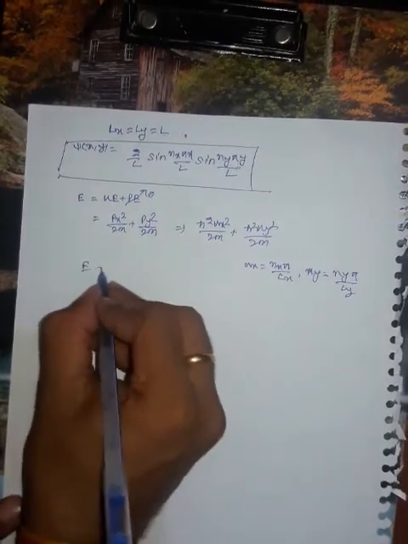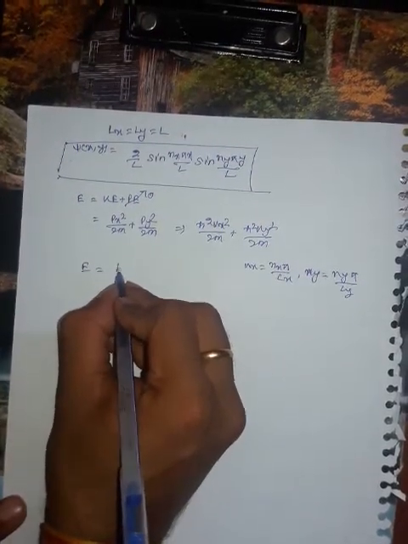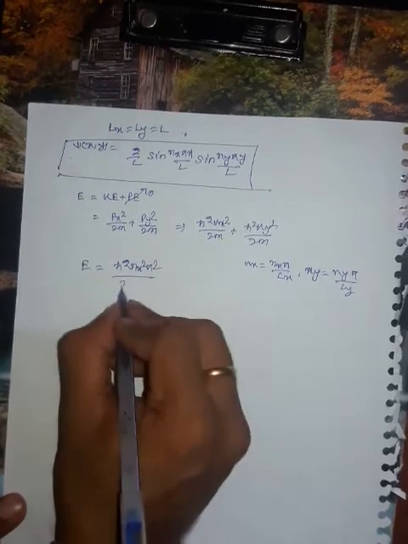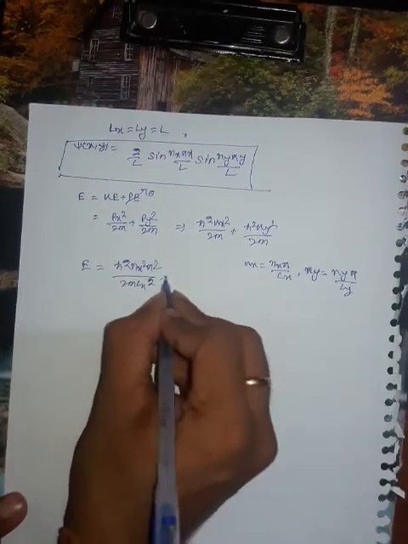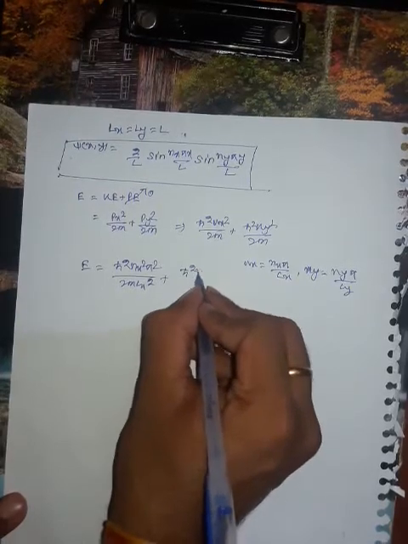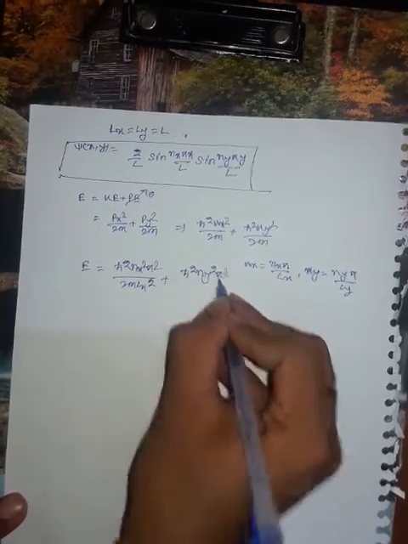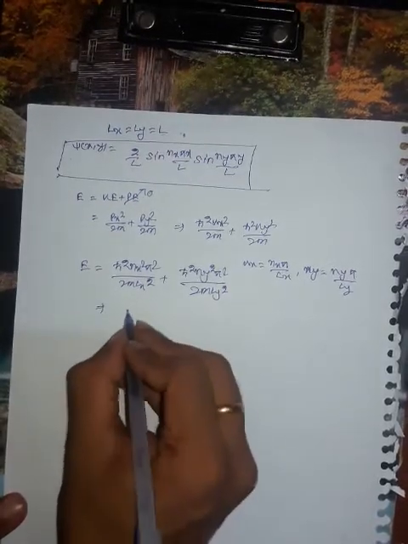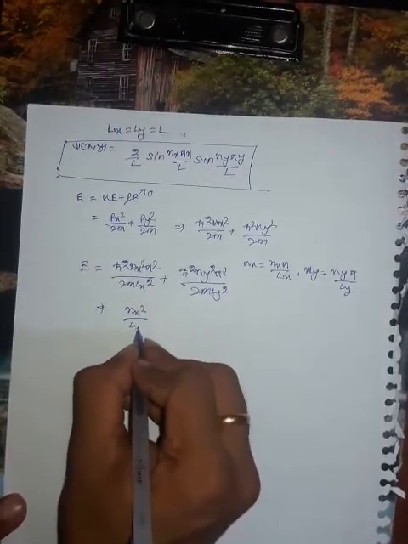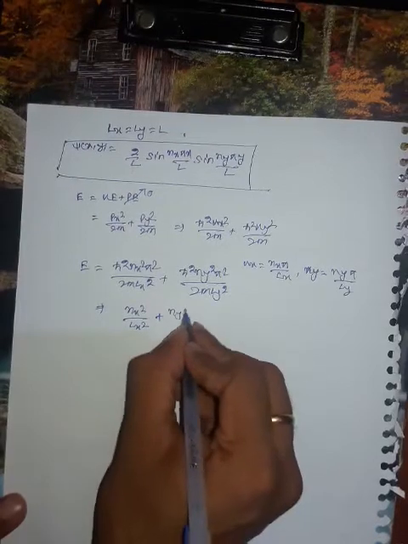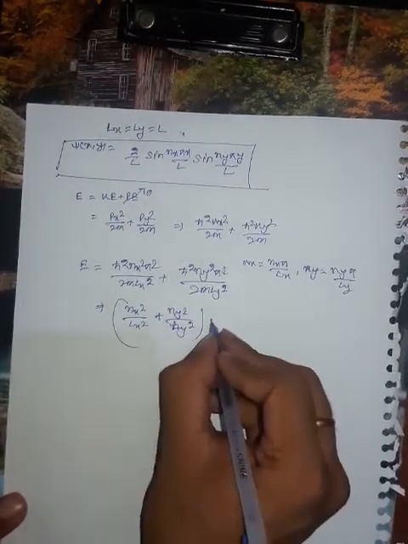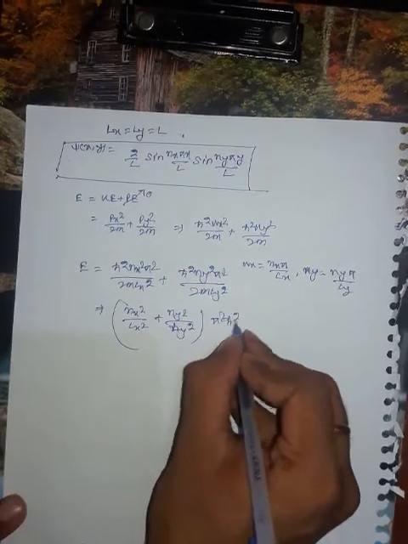The total energy becomes h cross square nx square pi square divided by 2m lx square plus h cross square ny square pi square divided by 2m ly square. So it is (nx square by lx square plus ny square by ly square) whole into pi square h cross square by 2m.